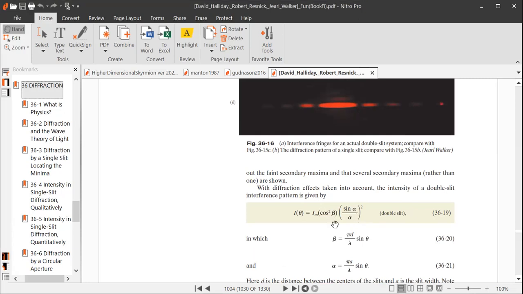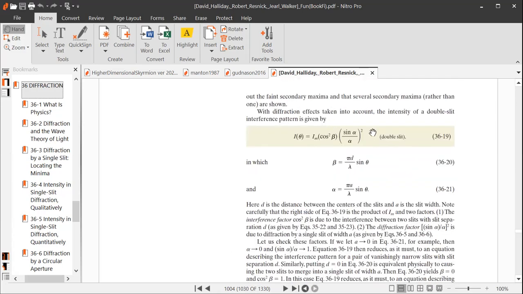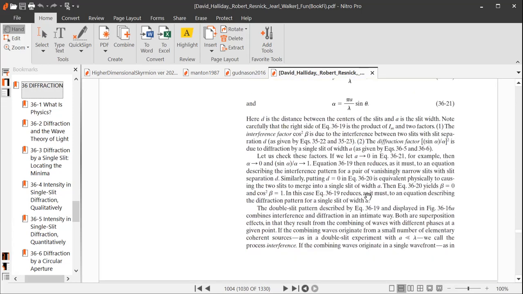Because dark interference, or dark diffraction, occurs at alpha equals a multiple of pi, or when beta is a multiple of m plus half pi. So if you take one of them to become minimum, then it is zero, and everything becomes zero times non-zero, which is zero.